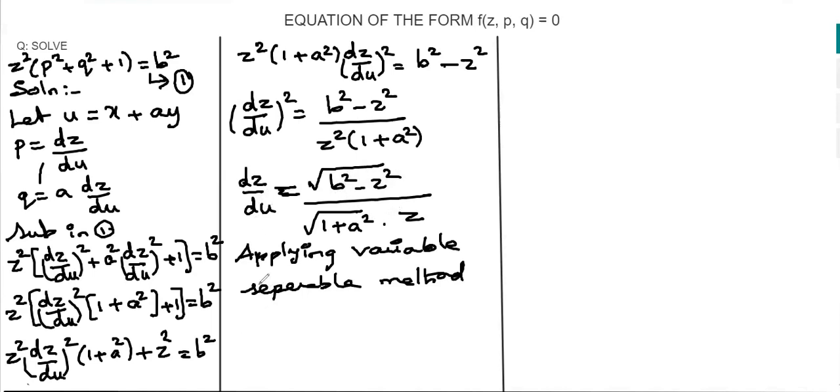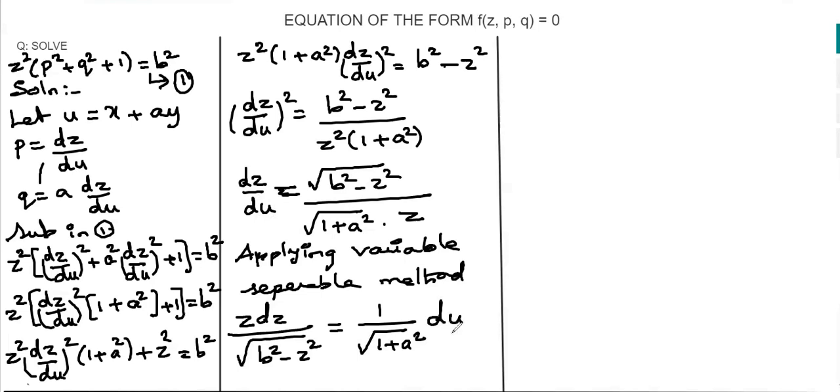Since z is in the denominator, it will go to the numerator: z dz over square root of b square minus z square equals 1 over square root of 1 plus a square as it is. Since this is a constant and du is in the denominator, I will take it to the other side. Now from this equation, I can integrate.